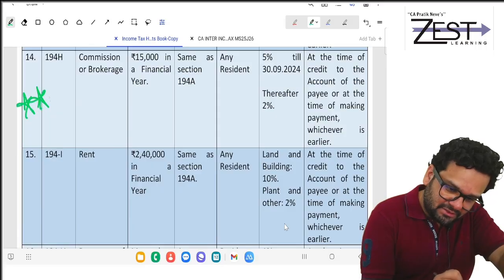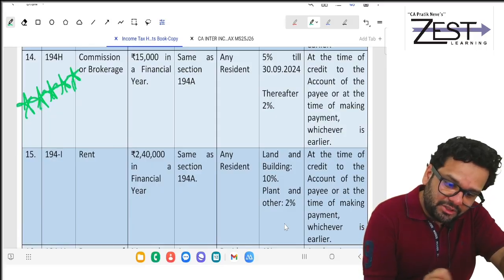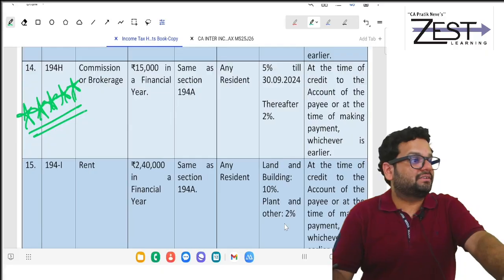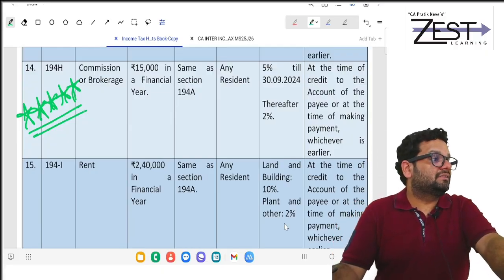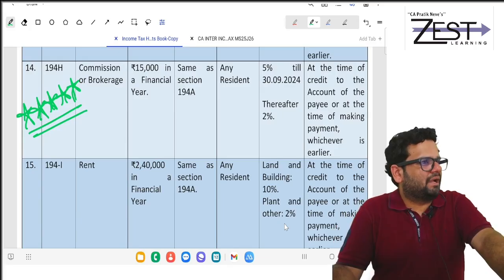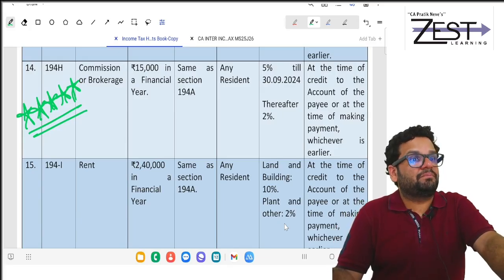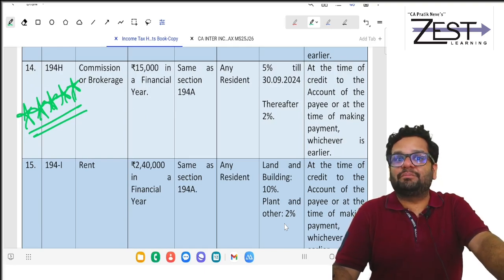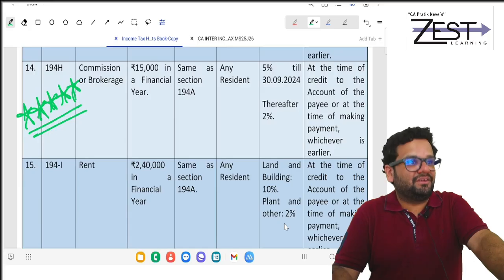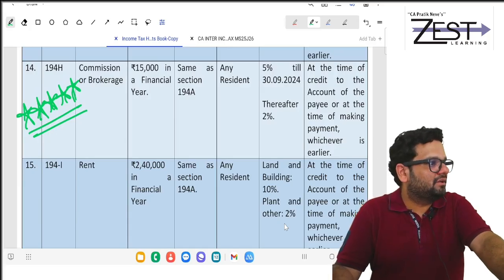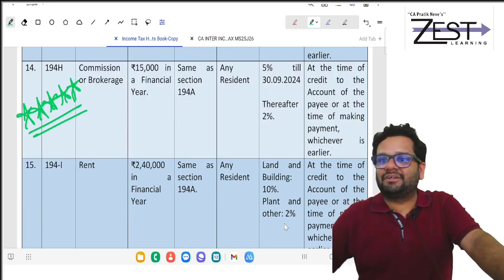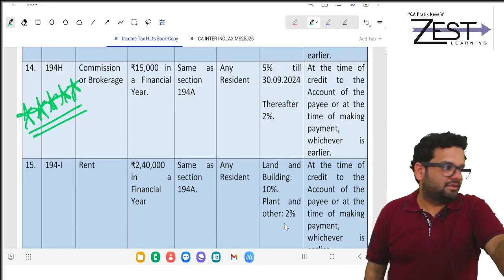194H, 5 stars. It's a normal commission. Normal commission means I am doing business and I need some plant and machine which is unique, so I pay commission to buy that. Or another example, I want to buy or sell immovable property. For that I appoint an agent, and to that agent I pay commission.